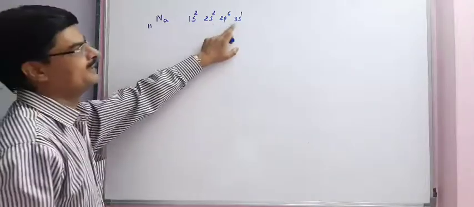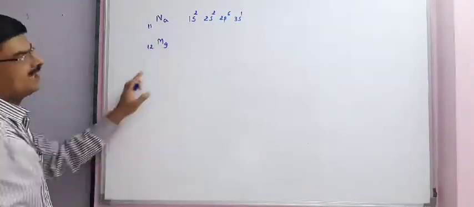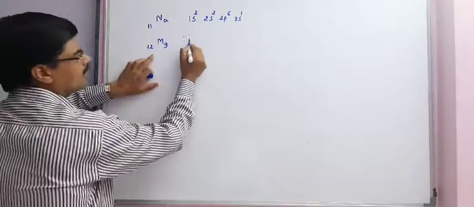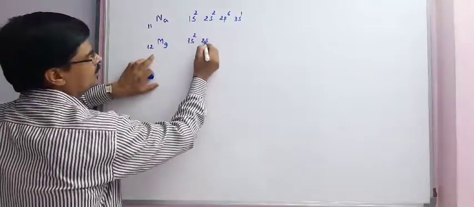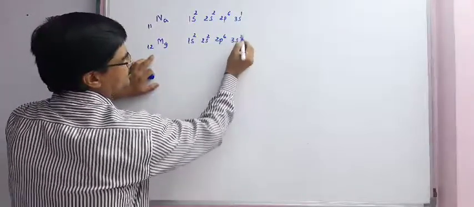Now magnesium, atomic number 12, 1s2, 2s2, 2p6, 3s2.